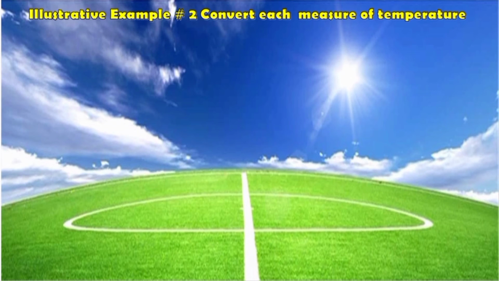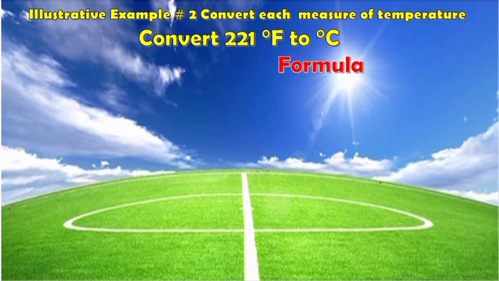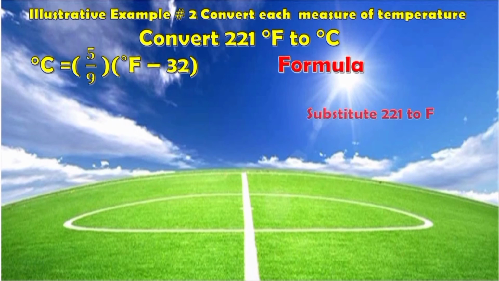Example number 2. Convert 221 degrees Fahrenheit to degrees Celsius. This will be our formula. Degrees Celsius is equal to 5 over 9 multiplied by the difference of degree Fahrenheit and 32. First, substitute 221 for degree Fahrenheit.